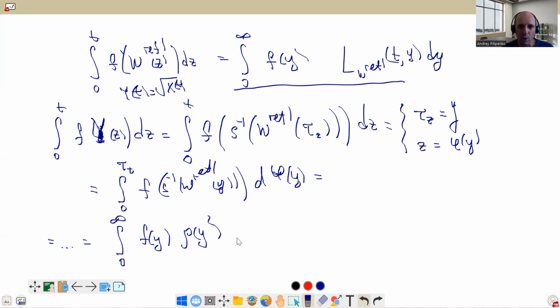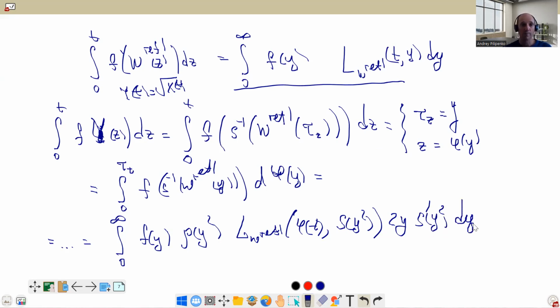So local time of reflected Brownian motion at the point phi of t, scale function of y squared, and then 2y s prime of y squared dy.